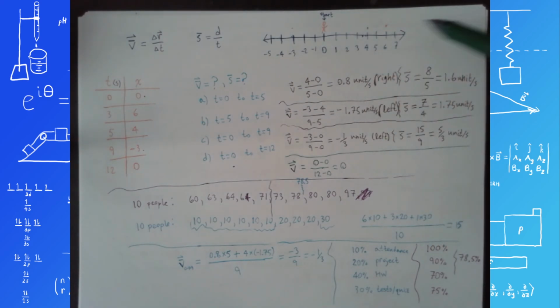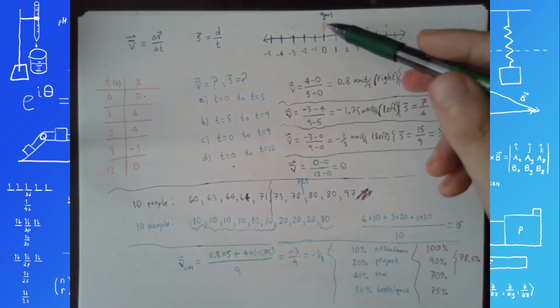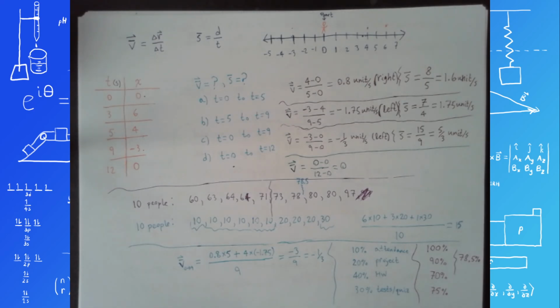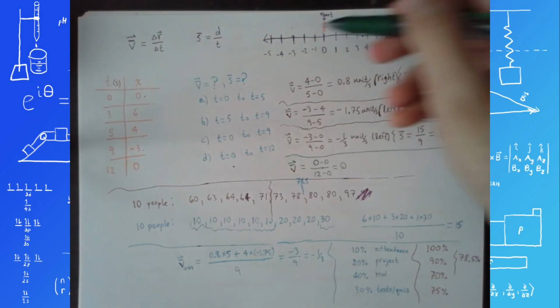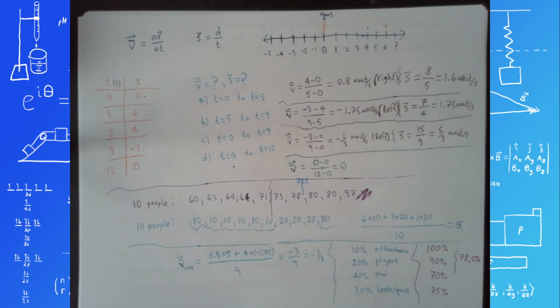If you move around and go back and forth and eventually you land at the same spot that you started, then on average you didn't move at all. This is just another example that illustrates how misleading averages are. On average, you didn't move, but we know this person actually moved around. So, yeah, be very, very careful with averages.